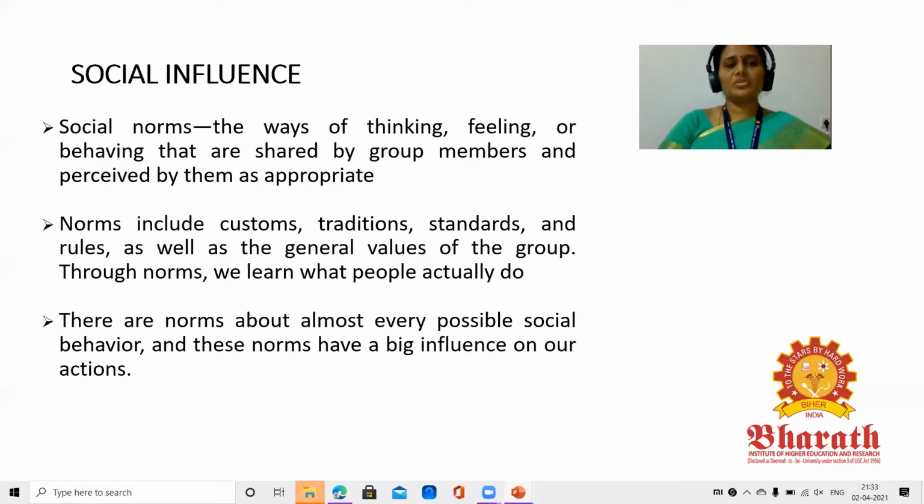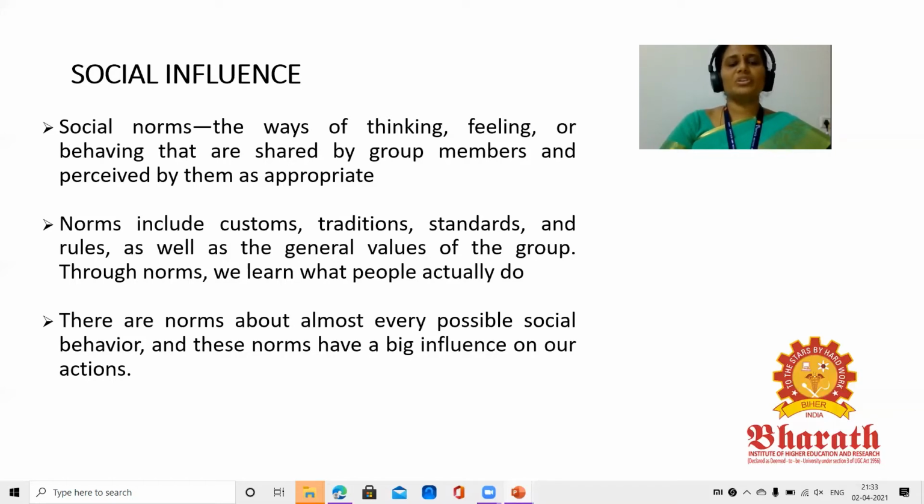So what do we mean by social norm? The ways of thinking, feeling, or behaving that are shared by group members and perceived by them as appropriate. For example, in a religion, maybe Hindu or Christian or Muslim, the group behaves and performs certain things in a particular way, and they follow it. That is a social norm followed by a particular group of people.